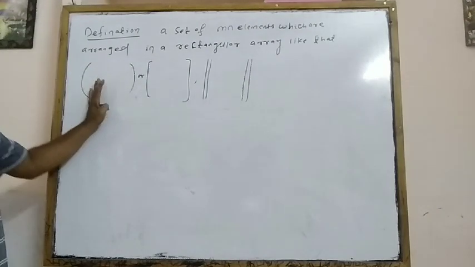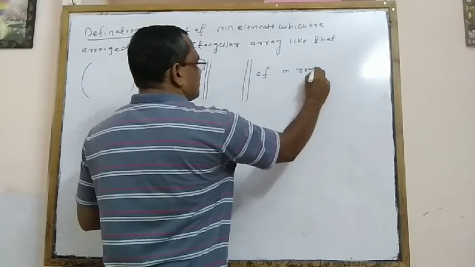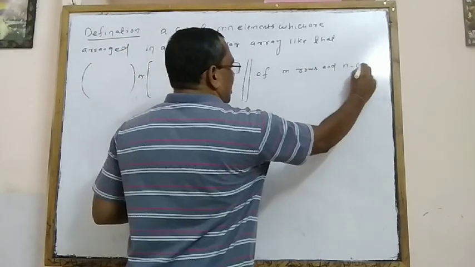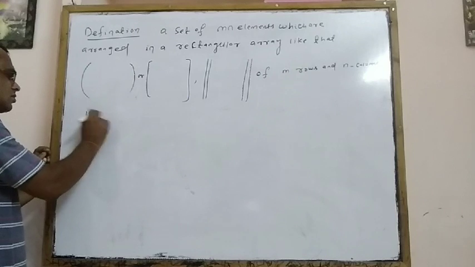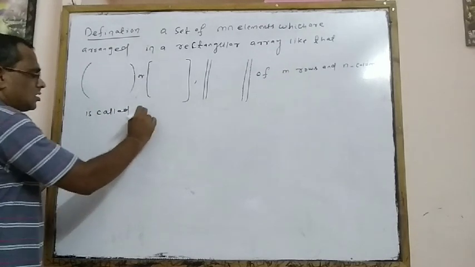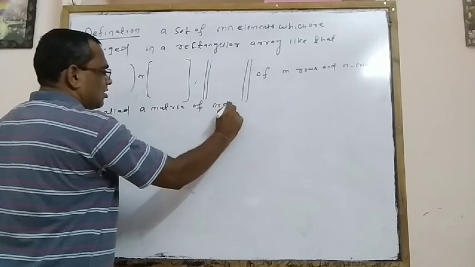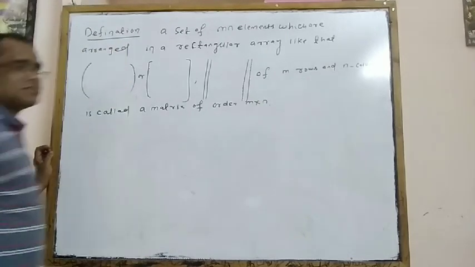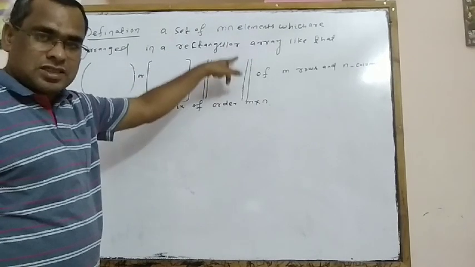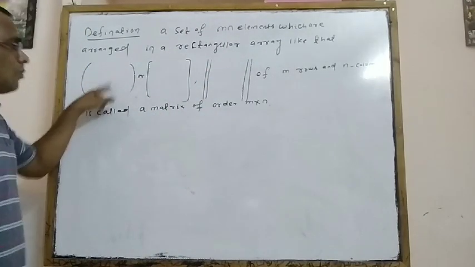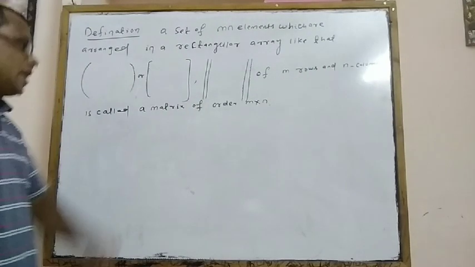This is the structure of a rectangular array of m rows and n columns, each called a matrix of order m cross n. That is, mn elements arranged in a rectangular array of m rows and n columns is called a matrix of order m cross n.